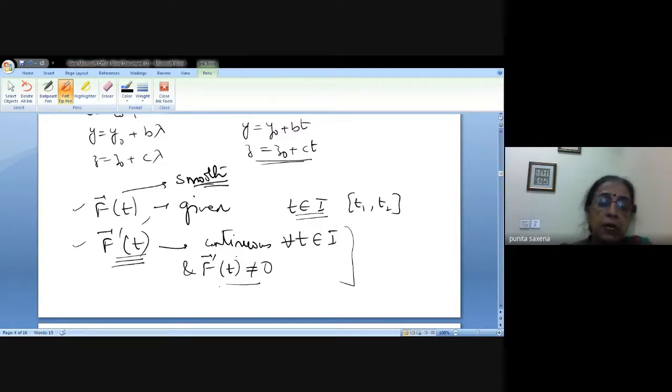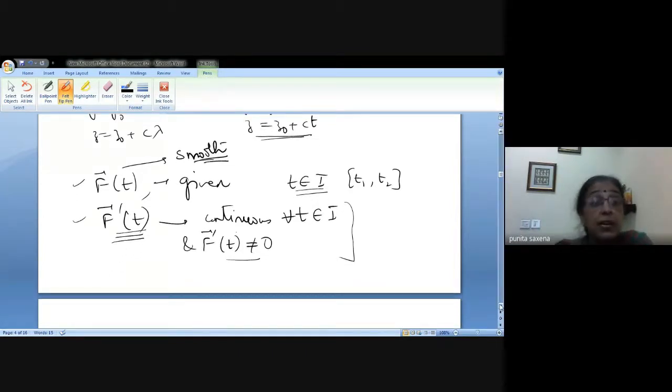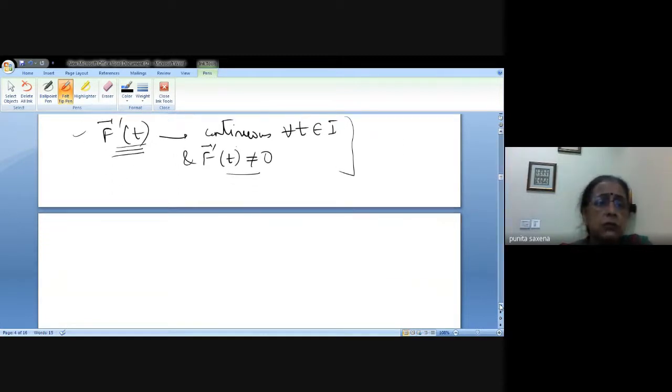But the obvious question is, what happens to curves that are not smooth? Can we not study them? Of course we can, because mathematicians are clever. Let's not talk of smoothness over the whole interval. Suppose my interval is t1 to t2.